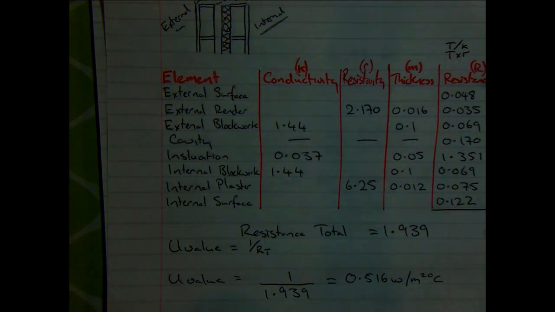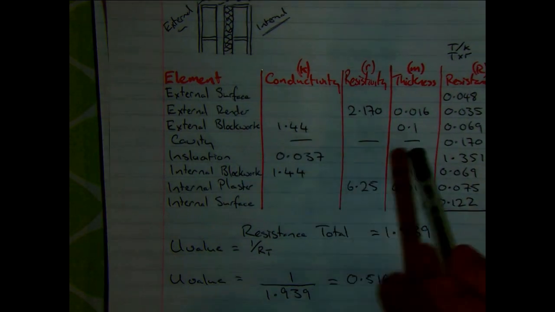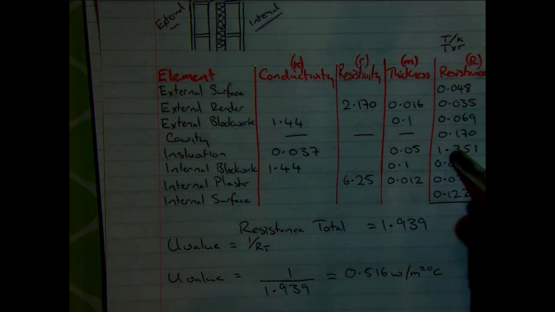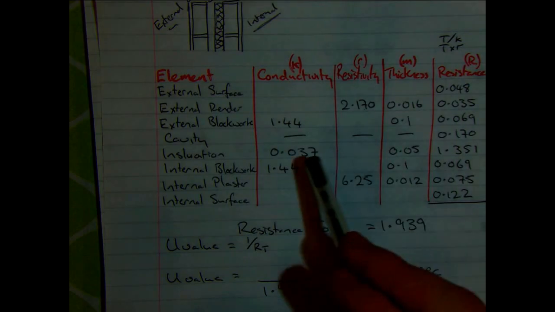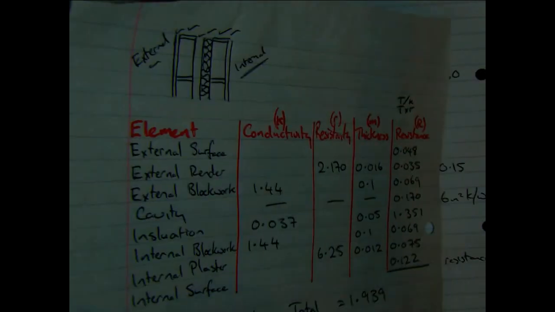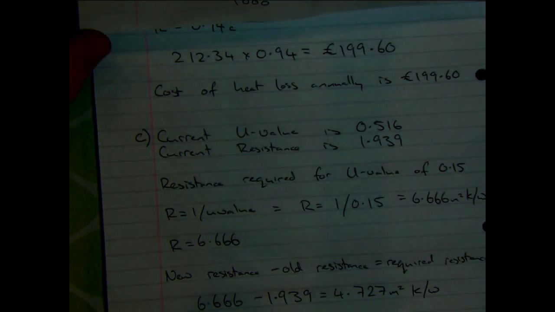Now we're going to come back to our formulas again to get the thickness. If we have the conductivity and the thickness, we can get the resistance. For this question, we have the resistance and we have the conductivity that they give us in the question. In part C, they say the conductivity of the polystyrene is 0.031.